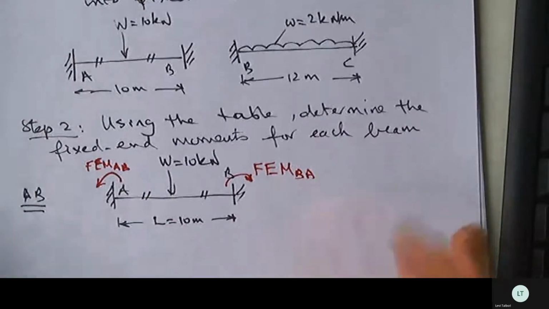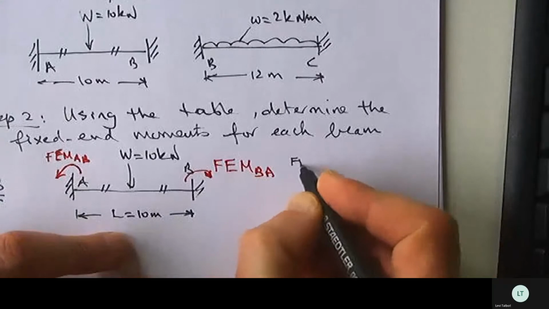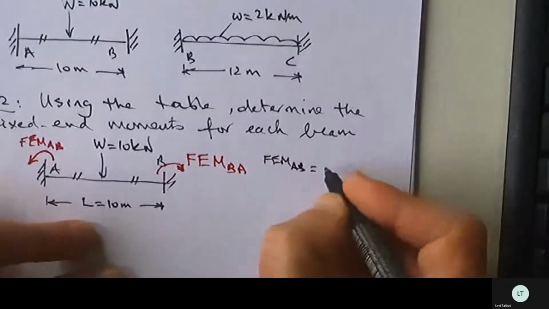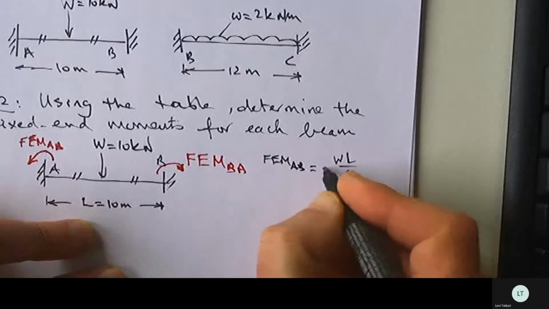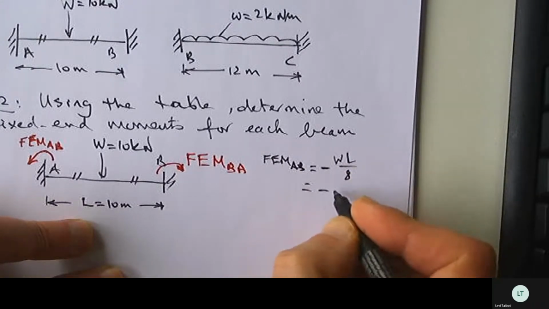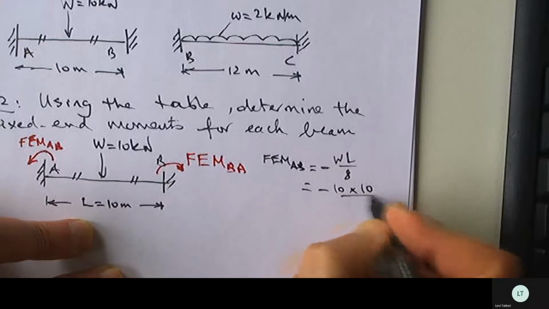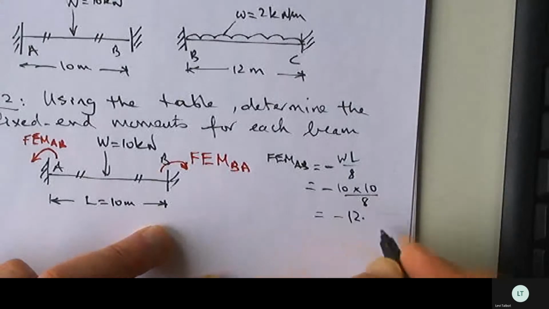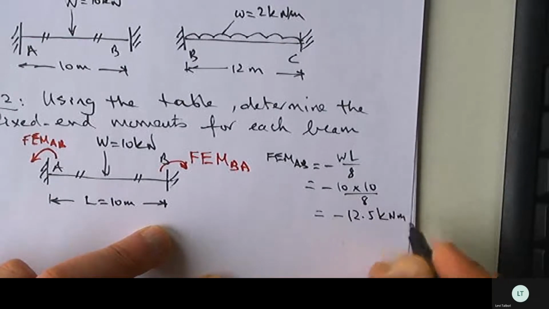So we have FEM AB. This is the bending moment at A, which is minus Wl over 8, which is minus W is 10, L is 10, over 8, which is 12.5 minus kilonewton meters.